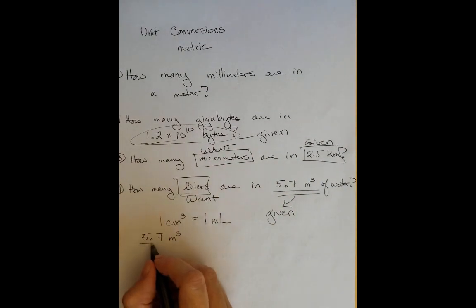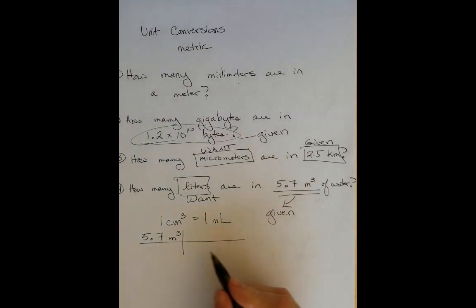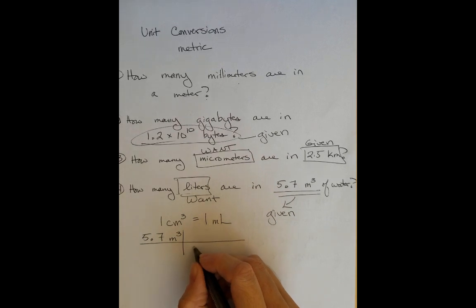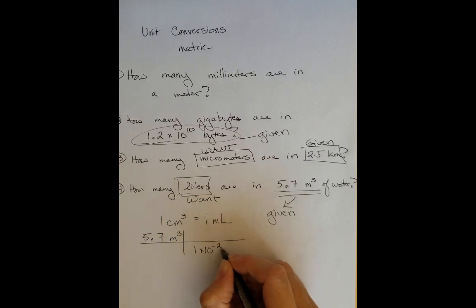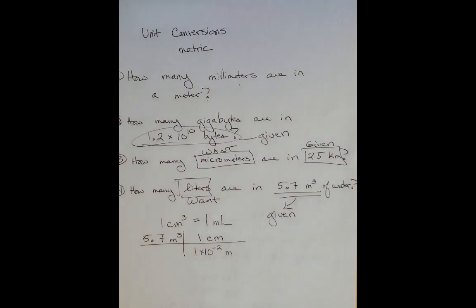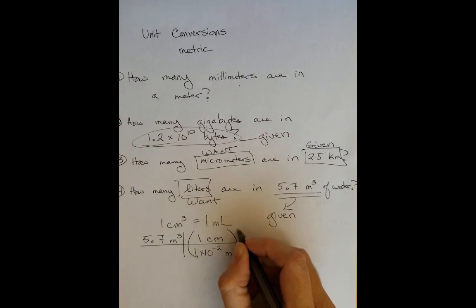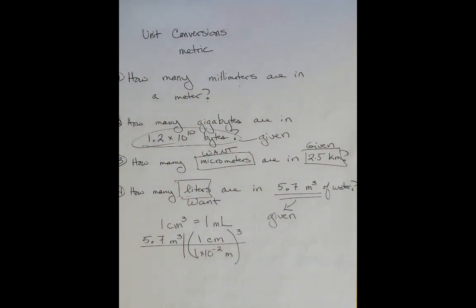We're still going to start with our given. Now here's a problem. I want cubic centimeters, but I have cubic meters. We don't have a little conversion in our table for cubic, but I do have one just for meters. So we know that there's 1 times 10 to the negative 2 meters in 1 centimeter. In order to make this cubic, what I'm going to do is cube this entire unit.